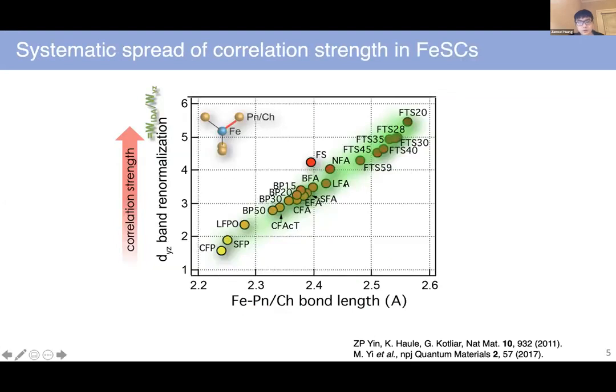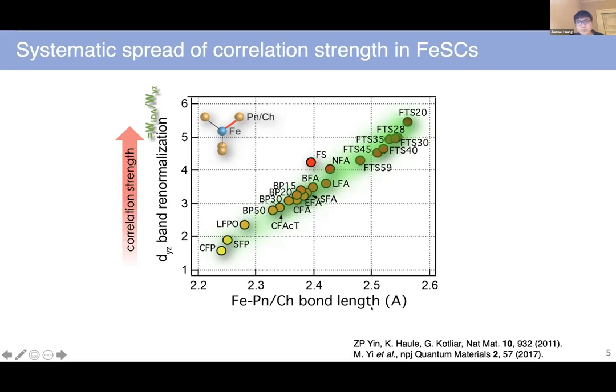Later, it was found that the electron correlations in the iron-based superconductors can be related to the iron-pnictogen bond lengths. It can be understood in a way that the iron hopping through the pnictogen atoms is reduced by increasing the iron-pnictogen bond length.